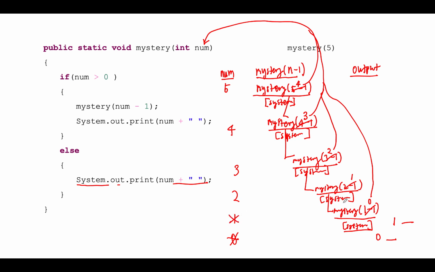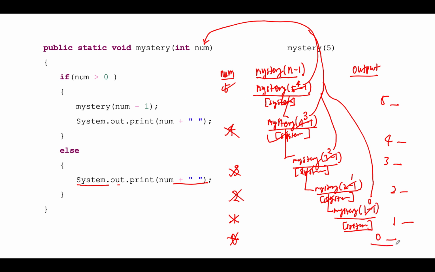Let's go up and take care of the next debt. This system print statement is going to print 2 space. The next one is going to print 3 space. Next debt to pay, it's going to print 4 space. And the next debt to pay is going to print 5 space. We have paid all our debts and we are done.